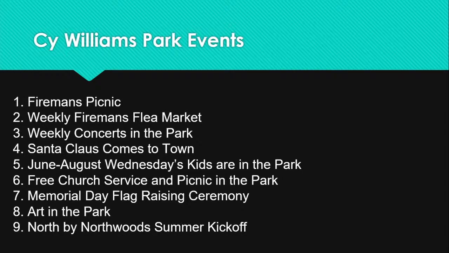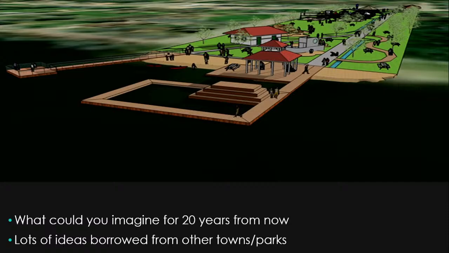So what did Forward Three Lakes learn from all of those community surveys and focus groups? Well, they gave us some ideas and sketches that we'll look at right now. So here's a quick look at what the park might look like from the water, and again, it could be 20 years from now.